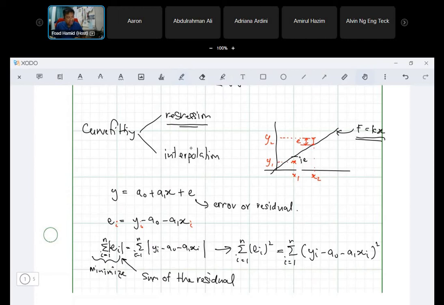And what is this then? This is what we call the sum of the square of the residual, and it is given the notation SR. R is for residual and S is for the sum. This is the definition.